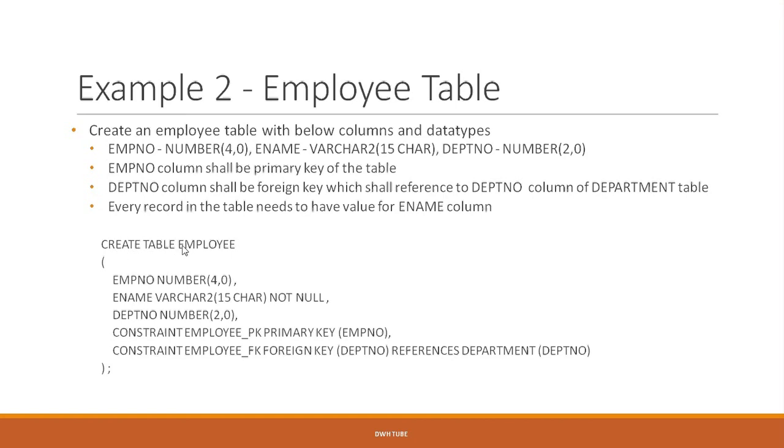Create table employee, where employee is the table name, then three columns, correct? The last requirement was that every record in the table needs to have a value for employee number, so that's why we have provided the not null constraint. Then employee number should be the primary key, so here's that.